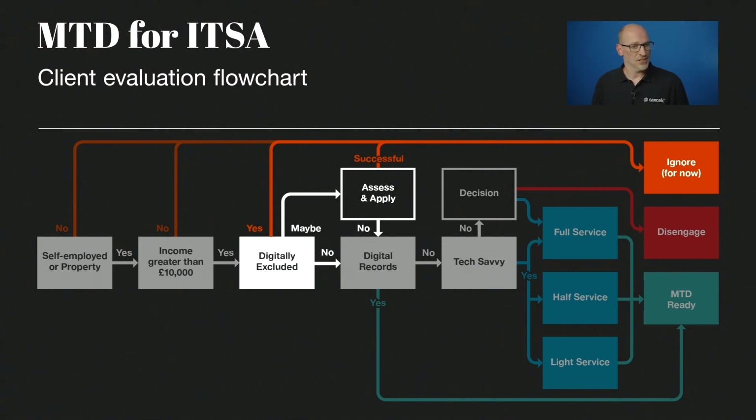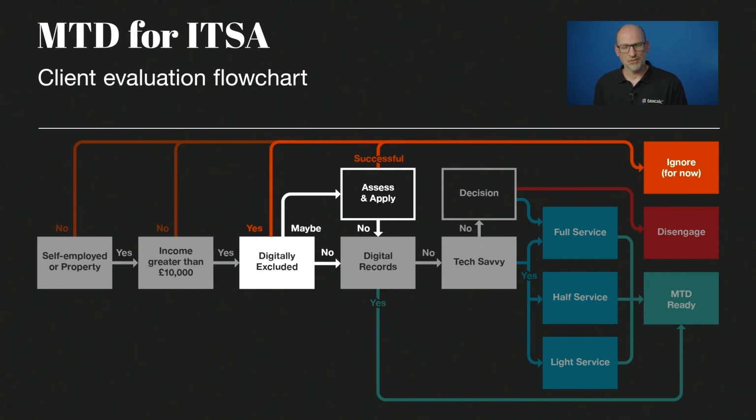Well, this is a really interesting one for me because we've had this since MTD for VAT. There is an option for anybody that isn't able to use technology on the basis of age, disability, religion, remoteness of location, or any other reason that you can argue with HMRC, that they can be excluded completely from MTD, and that's for VAT and for income tax.